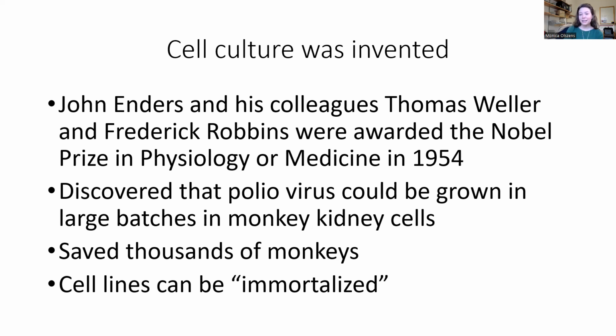Cell culture is using a cell that's been immortalized. And what that means is a regular cell is taken out of a human or an animal, doesn't matter, and you can change some of their genes to grow forever.